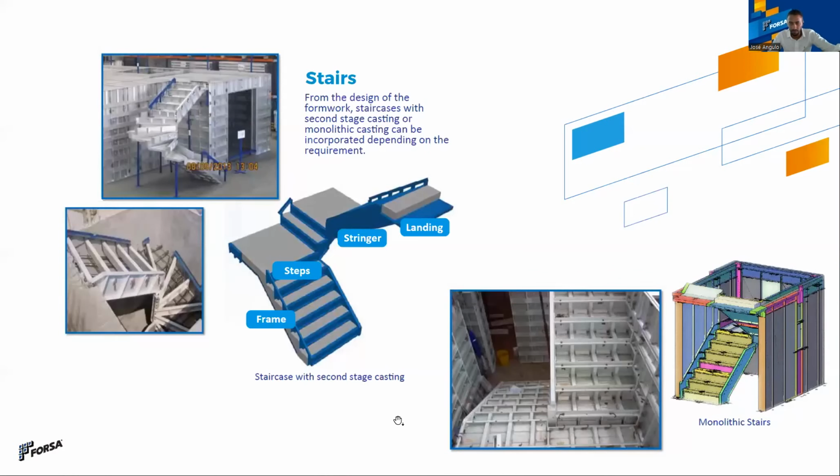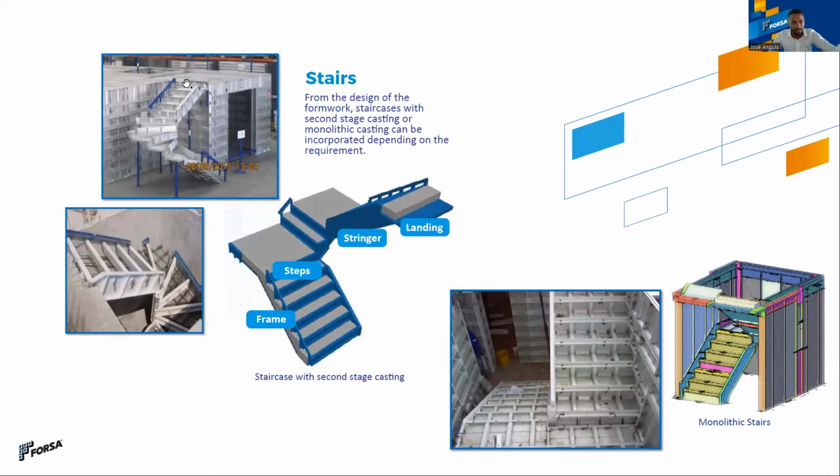This is something we are pretty specialized in, which are the stairs. What are the stairs? The stairs are the ones that we pour with our formwork, and they connect the levels between themselves.